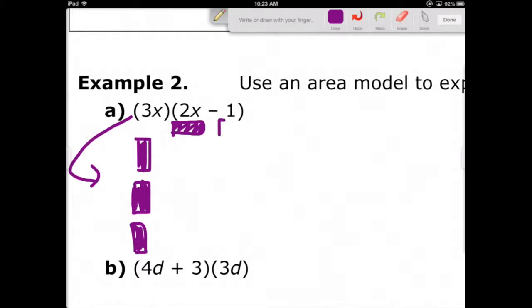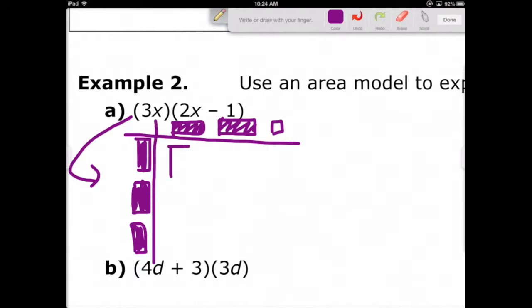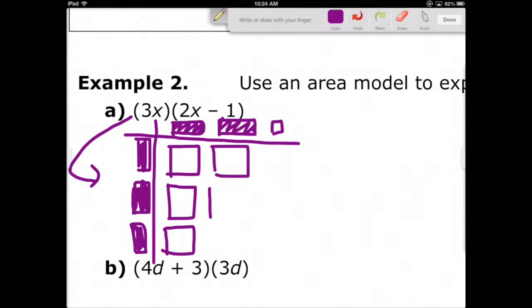And here's our 2x. Again, they're positive. And then minus 1, which is just like that. So if we put in our length and width bars like that, there we go. Then based on our shapes, doing my best here, but it is freehand, it looks like we've got 6 squares popping out of there.